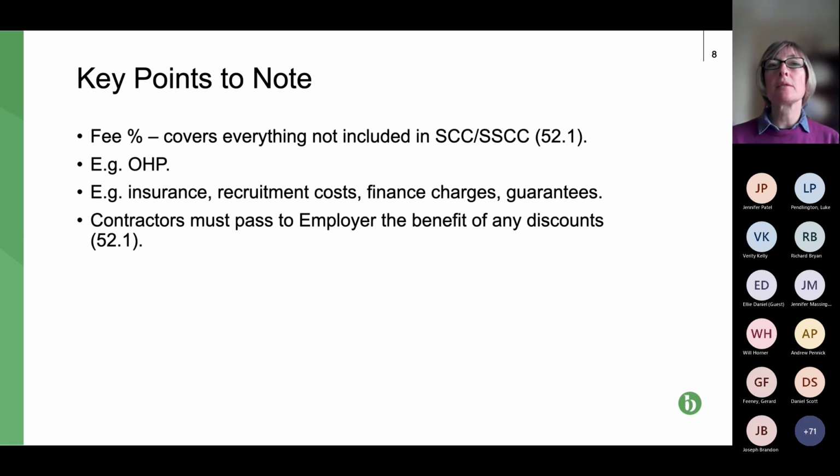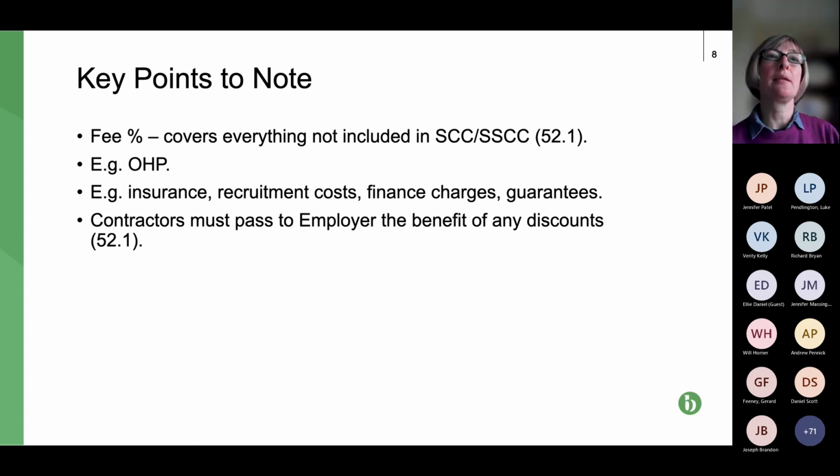So this highlights the fact that the schedule and shorter schedule are looking at what something costs the contractor. So the contractor is entitled to recover the cost of various items, various people, etc. So logically, the profit element that businesses all need to make is covered in the fee percentage.